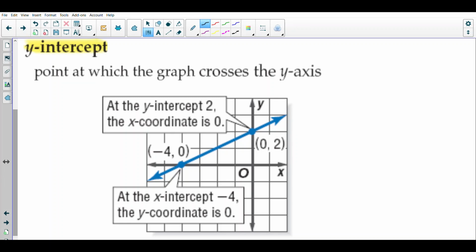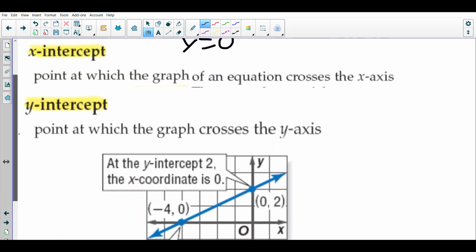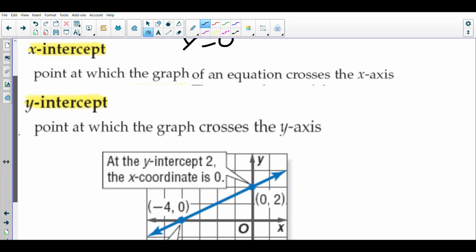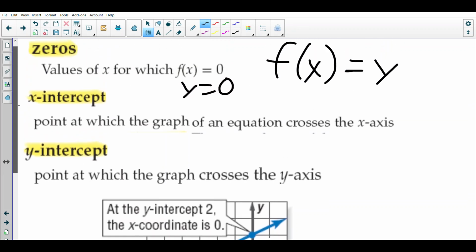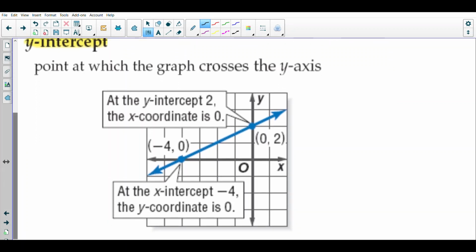And so if you do a little thinking here, the x-intercept is when it crosses the x-axis, and the zero is when y is equal to 0. So in this example right here, the y-coordinate is 0, so y equals 0.